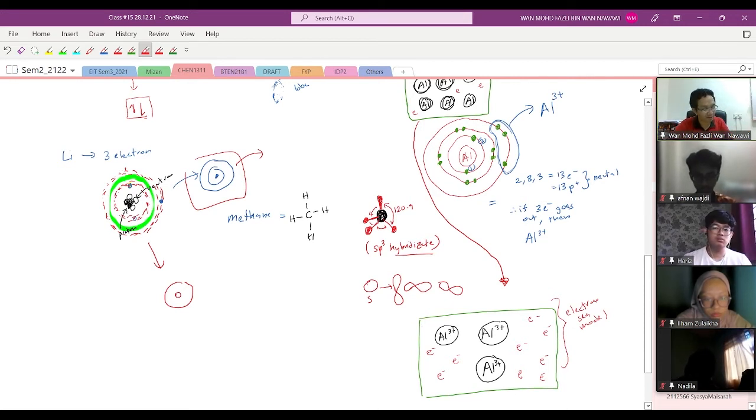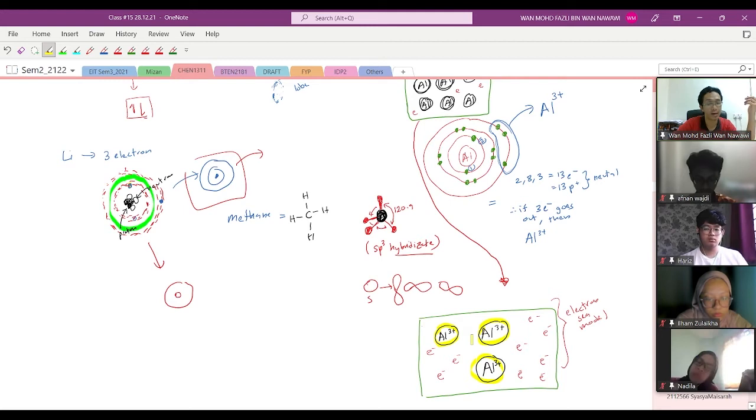So if you have 1, 2, 3 atoms, the number of electrons coming out to the sea of electrons is 3 times 3. So you get 9. You need to make sure you have 1, 2, 3, 4, 5, 6, 7, 8, 9. So that's how you draw the electron sea model.